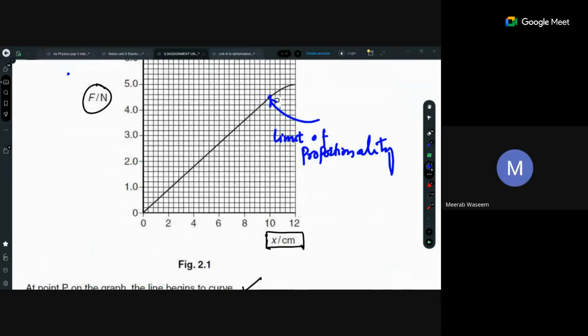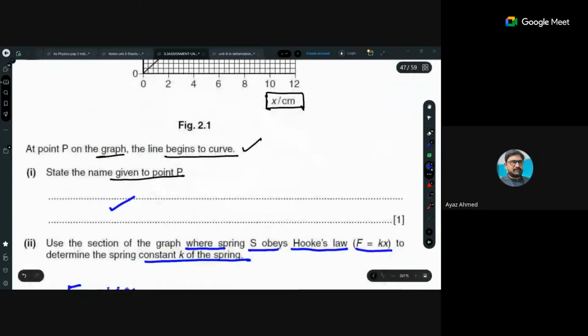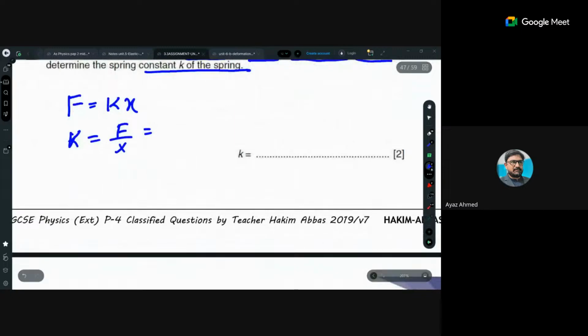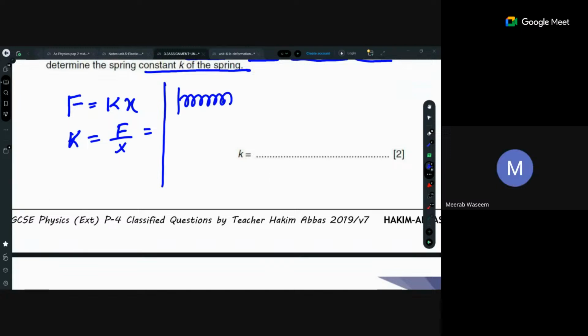Yes, sir, I don't understand this equation, F equals Kx. Okay, I will explain. Look, did you ever join a gym? No. Did you ever stretch a spring? Yes, maybe. Yes, surely you did.